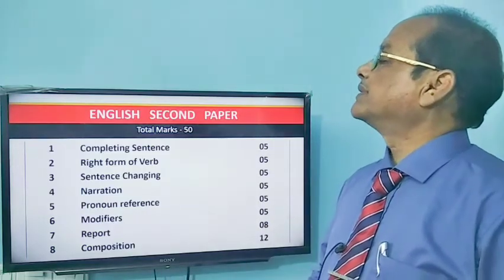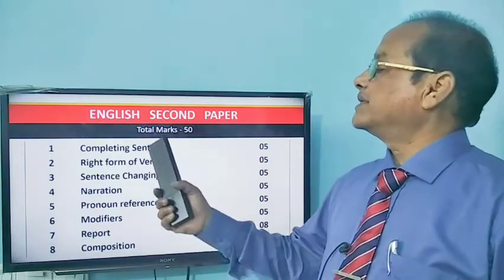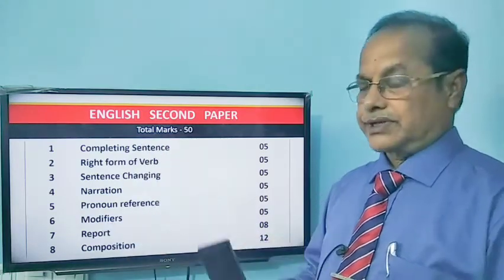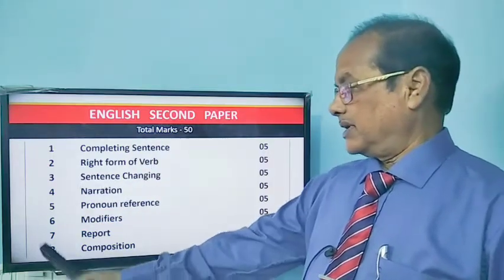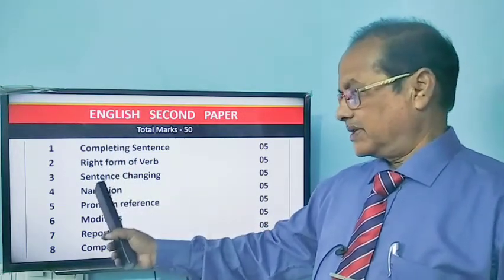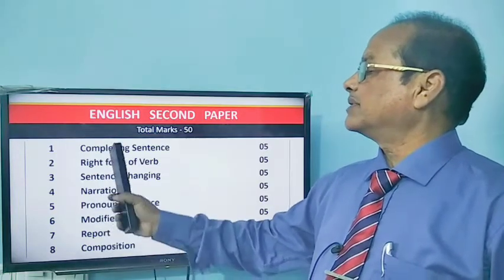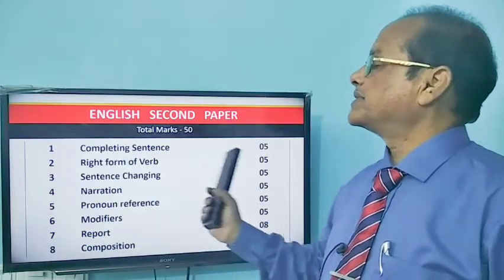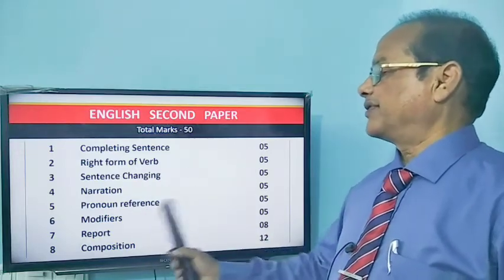The syllabus of the second paper. Second paper means major grammatical items. I have decided that from question number 4 to 9 will come in the original text, in the original setup, in our board question pattern. Completing sentence, right form of verb, sentence changing, narration, pronoun reference, modifiers.